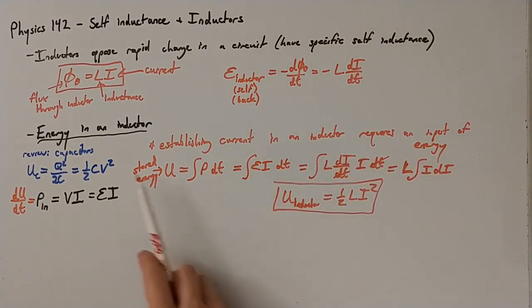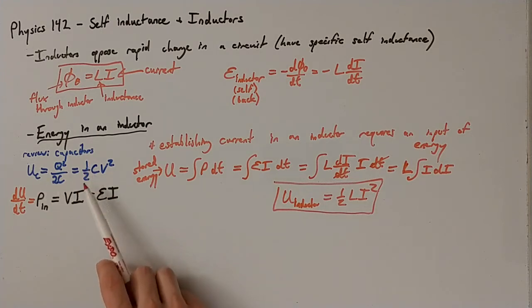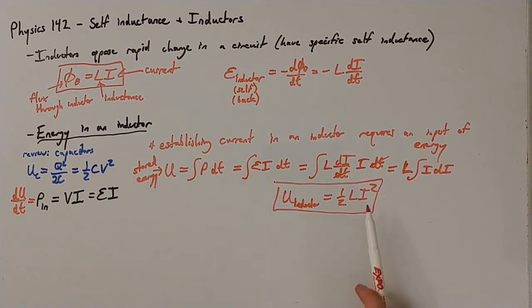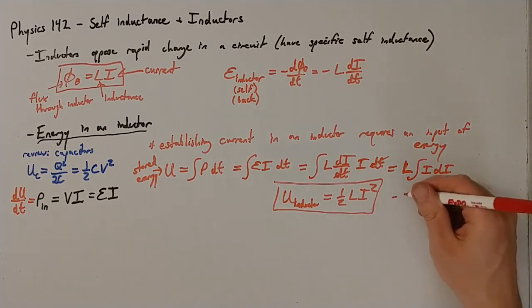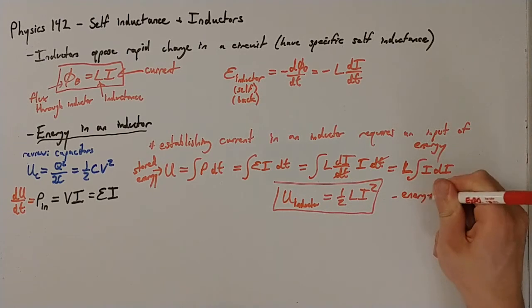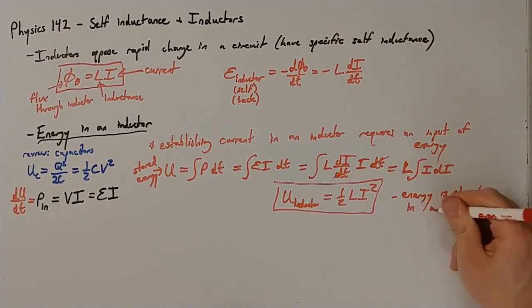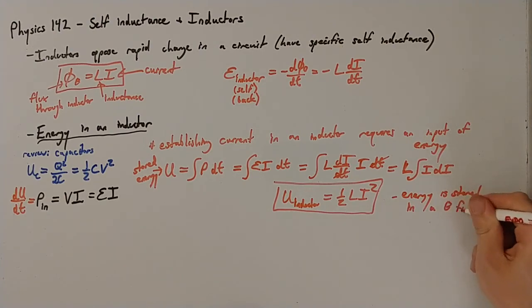You'll note this looks a lot like a capacitor. For a capacitor, it's 1/2 times the capacitance times the potential squared. Here it's the current squared. So the energy comes from the fact that you have current, and that means ultimately that the energy is stored in a magnetic field.